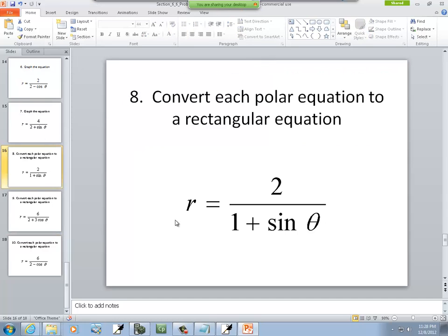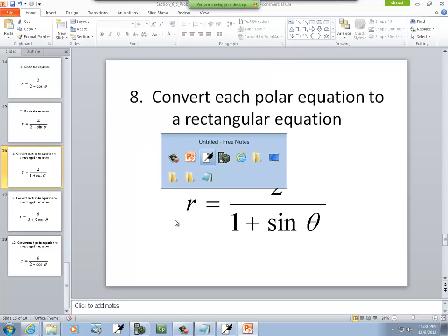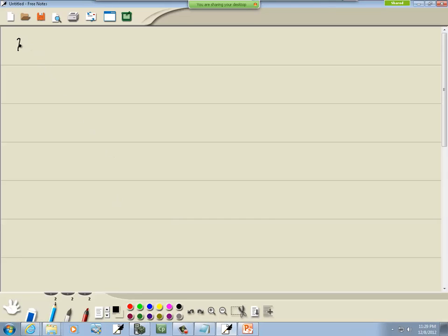Okay, now let's just look at how to convert these to a rectangular equation. We got r is equal to 2 over 1 plus sine theta. Well, we'll multiply everything to get rid of the fractions. We'll multiply both sides by 1 plus sine theta.